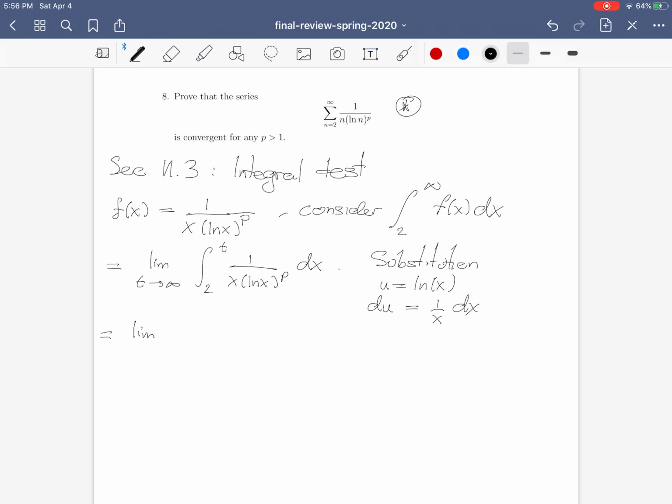So this is equal to the limit as t tends to infinity of the integral from ln 2 to ln t of, so our 1 over x and our dx give us a du, and the ln x gives us u to the p.